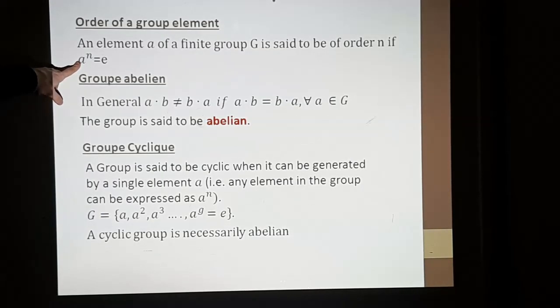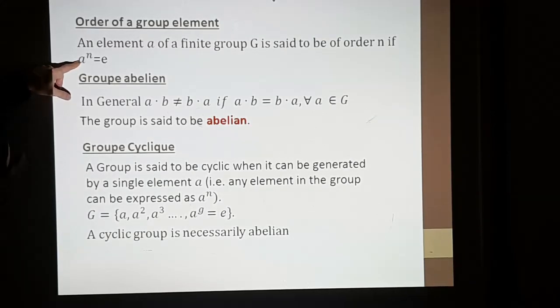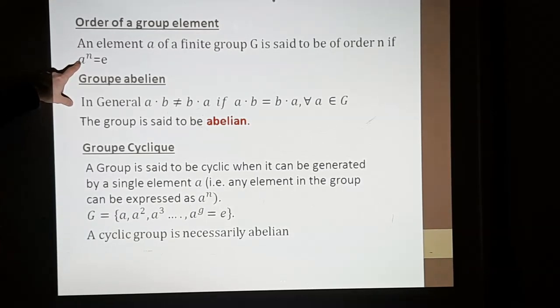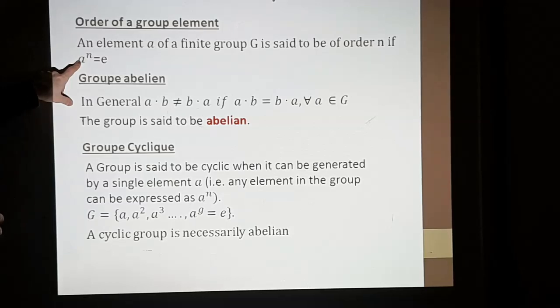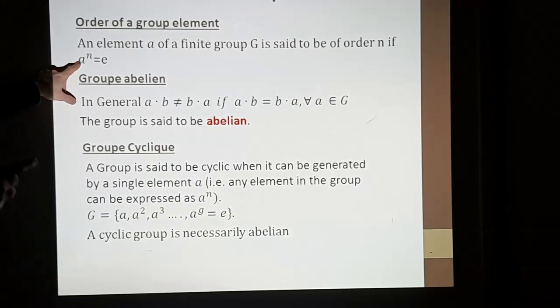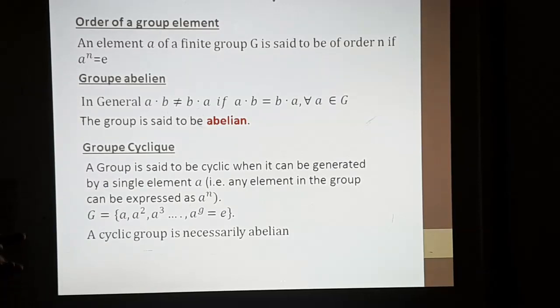Why? Because if A belongs to the group, then A multiplied by A belongs to the group. Then A multiplied by A can be equal to identity. In the other case, A cubed is maybe equal to the identity, and so on, till the maximum order, A power n is equal to the identity. Okay, so the maximum order of an element is the order of the group.